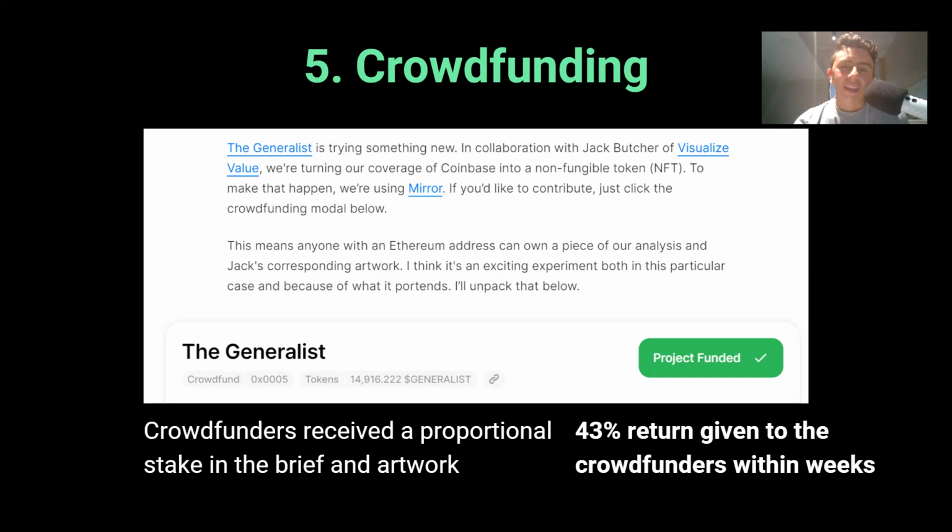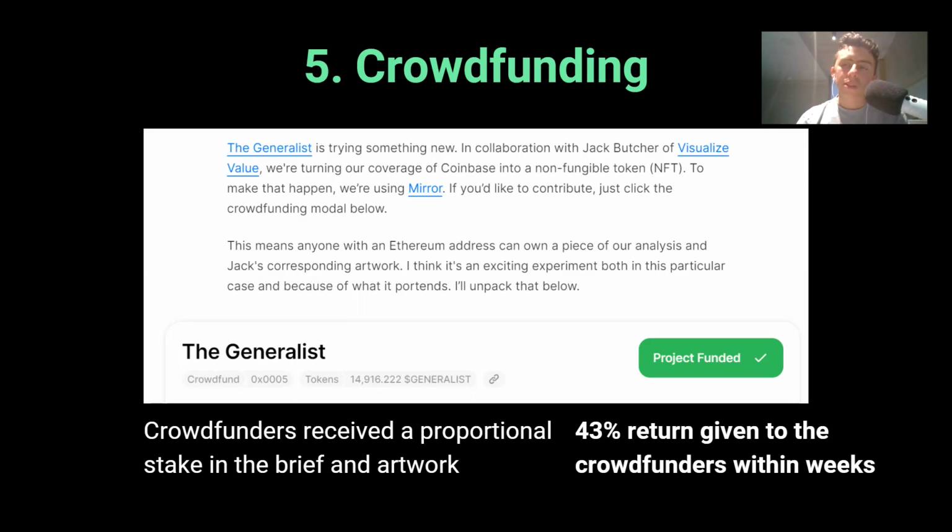And they crowdfunded the project for it to happen. Anyone could own a piece of their analysis and the artwork that Jack Butcher made to correspond with it. The crowdfunders, people who got behind this project, got a proportional stake in the brief they put together and the artwork.